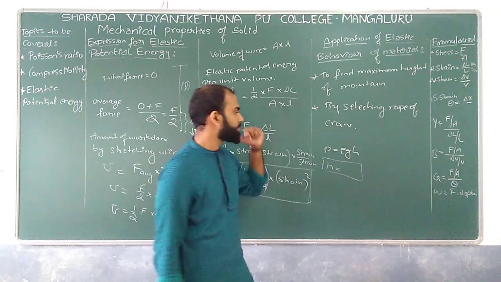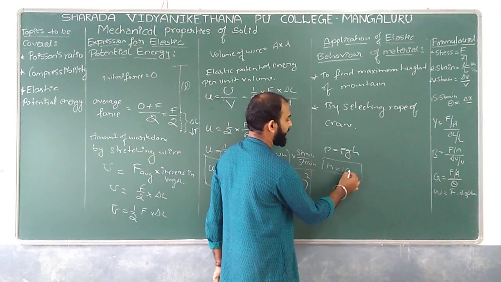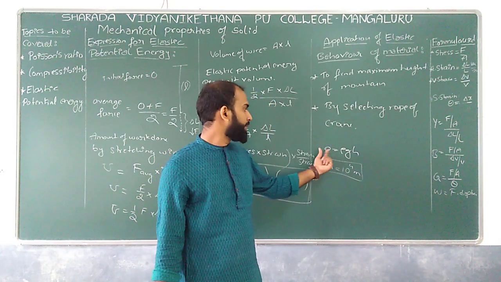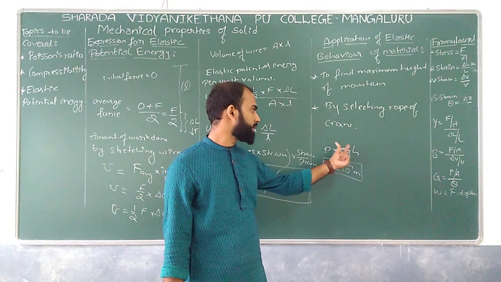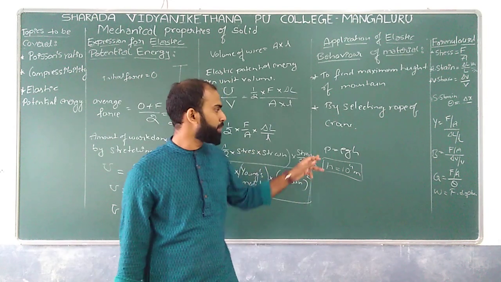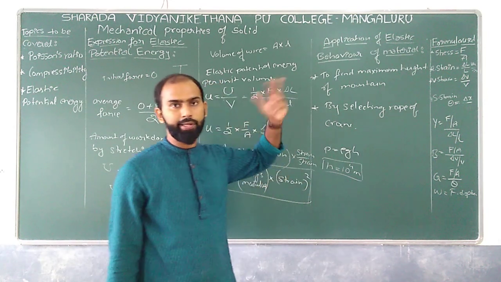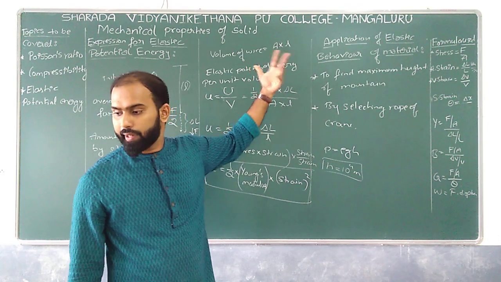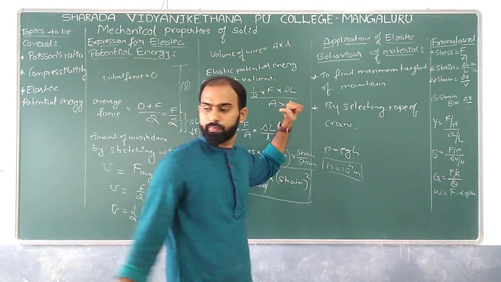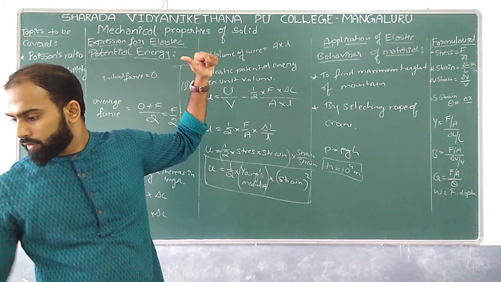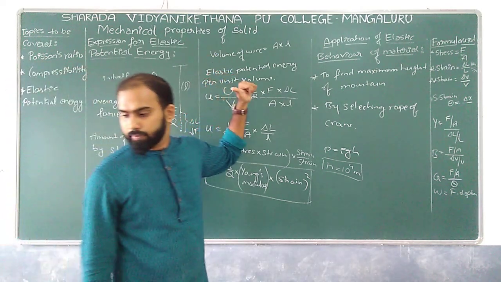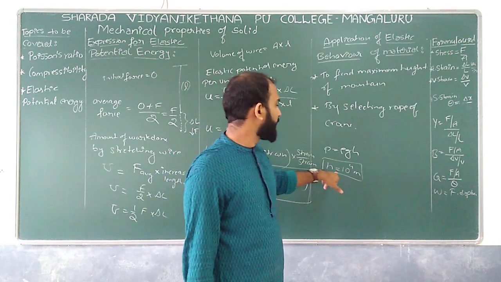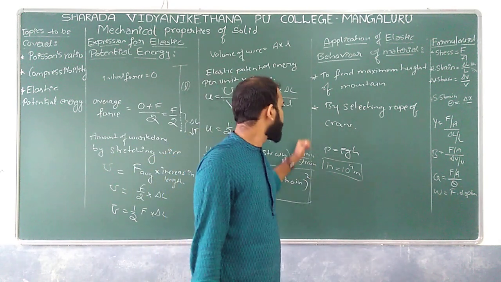So by using this, we can get the maximum height as 10 to the power 4 meter. If you substitute the pressure as 3 into 10 to the power 8 and the density as 3 into 10 to the power 3, you are going to get the height as around this much.